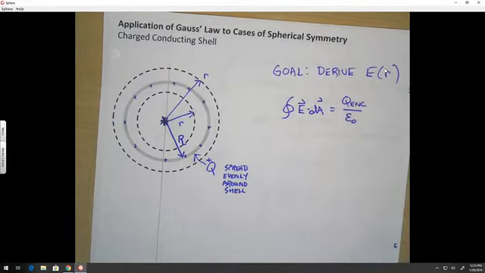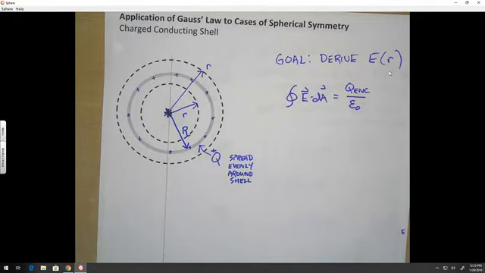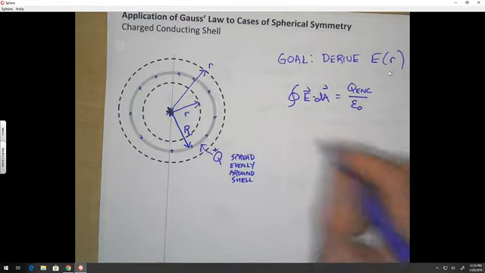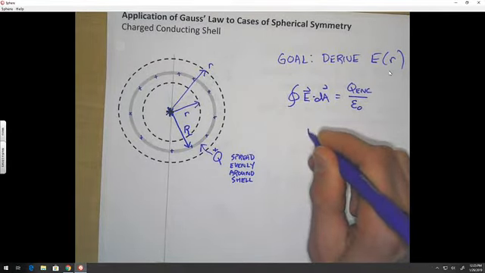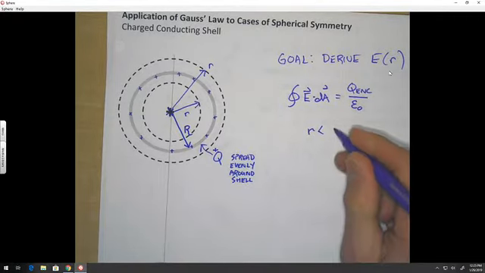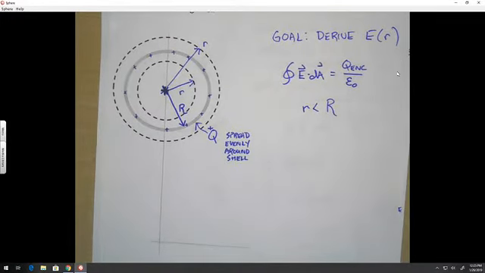And this is all about dividing and conquering. We're going to look at cases where you have a Gaussian radius which is smaller than the actual radius, and then we'll look at cases where the Gaussian radius is bigger than the actual radius. And we'll get two different results here.